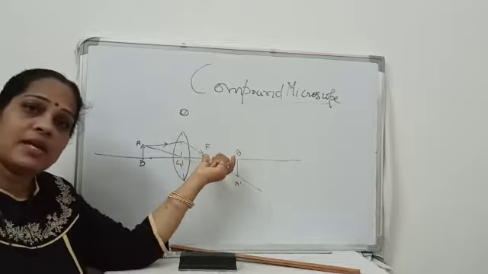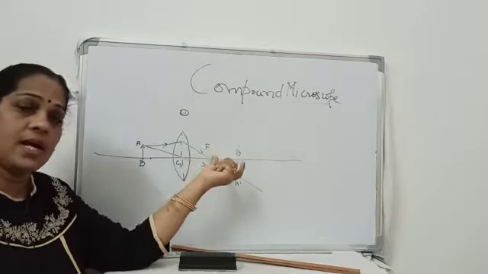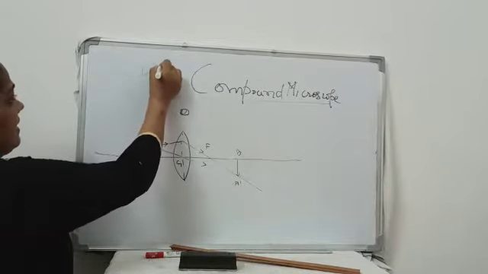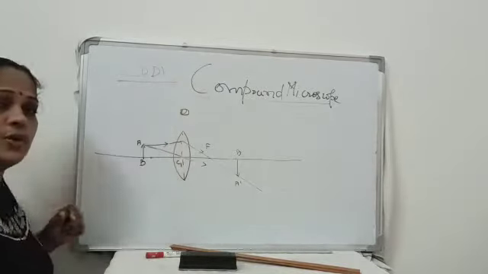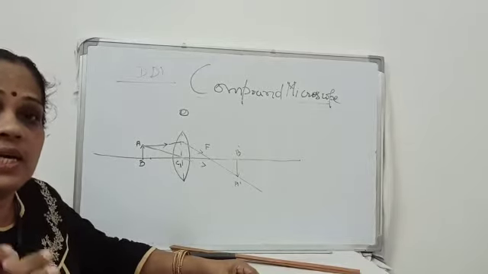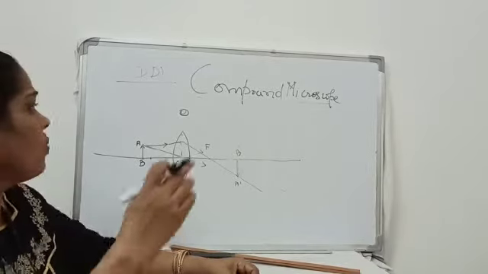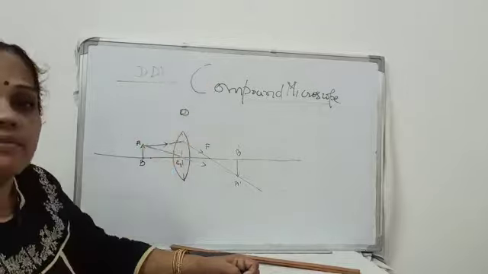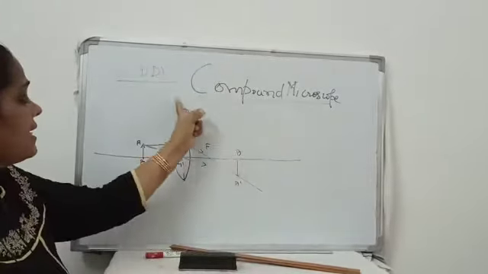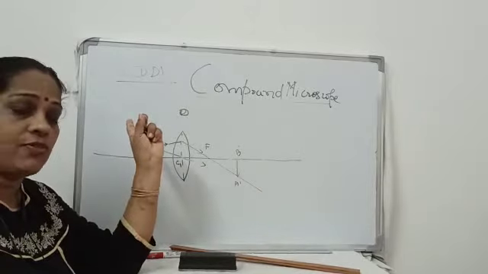Here we are going to calculate the magnifying power when the image is formed at LDDB. As I told you in the last video, there are two positions at which a clear image can be formed. One is at LDDB and the other is at infinity. Now first let us see at LDDB how is the image formed.